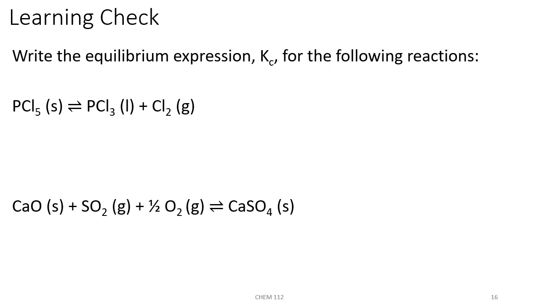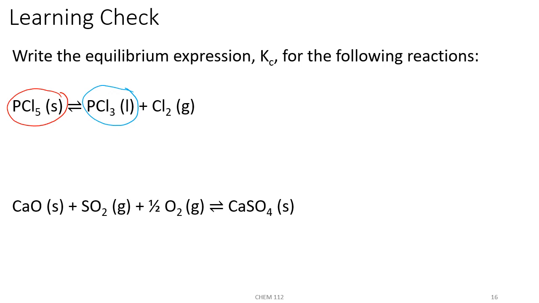Here we have some examples of reactions that are heterogeneous equilibria. We have PCl5, which is a solid, in equilibrium with PCl3, which is a liquid, and chlorine gas. So PCl5 represents a pure solid, and PCl3 represents a pure liquid. When we write the equilibrium expression, we don't want to include those two things in it.